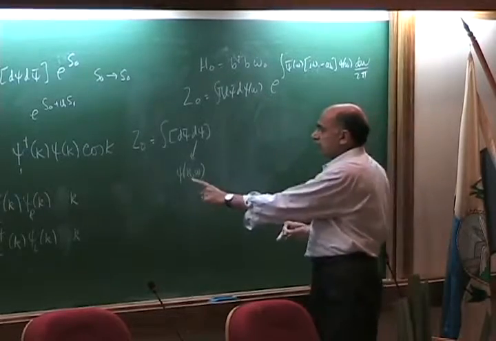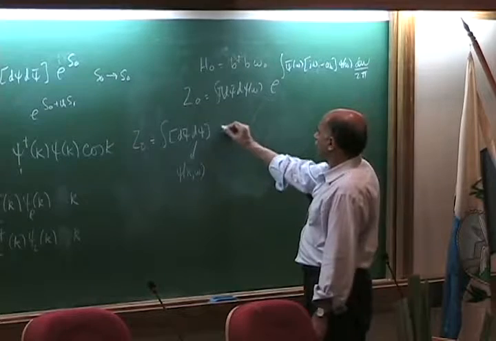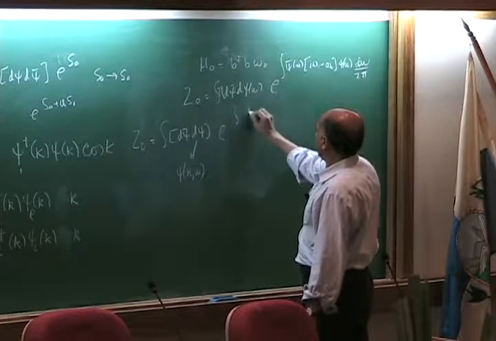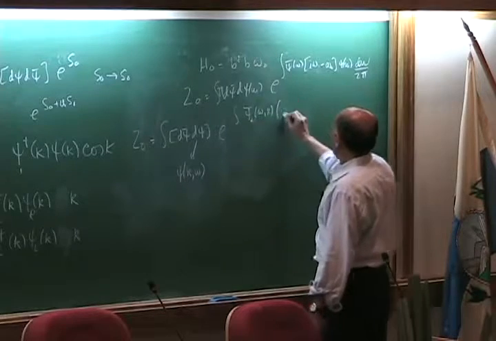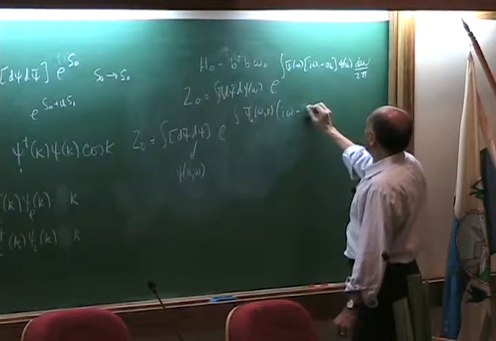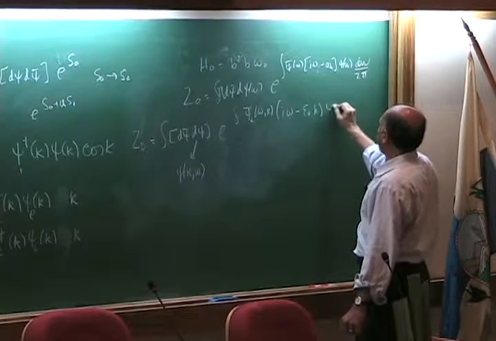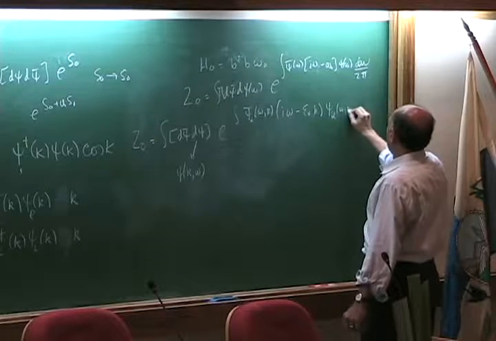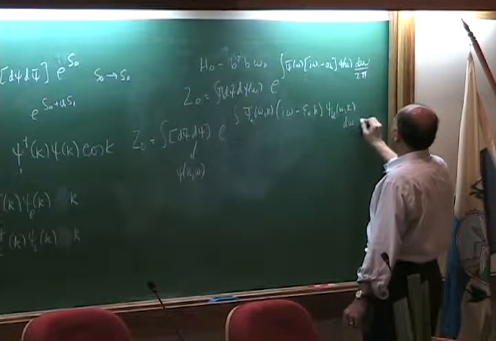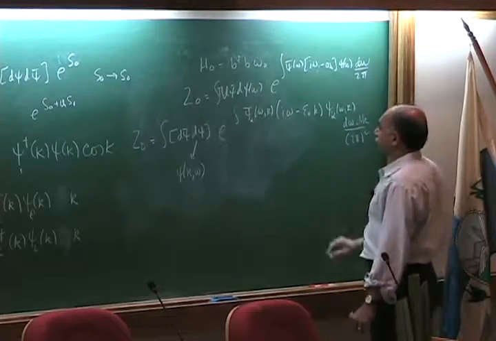Now we've got an oscillator at every value of k. So what will be the action? Action will be the integral of psi bar omega and k, i omega minus, I will tell you what this little symbol is, psi alpha omega and k, d omega dk over 2 pi squared.